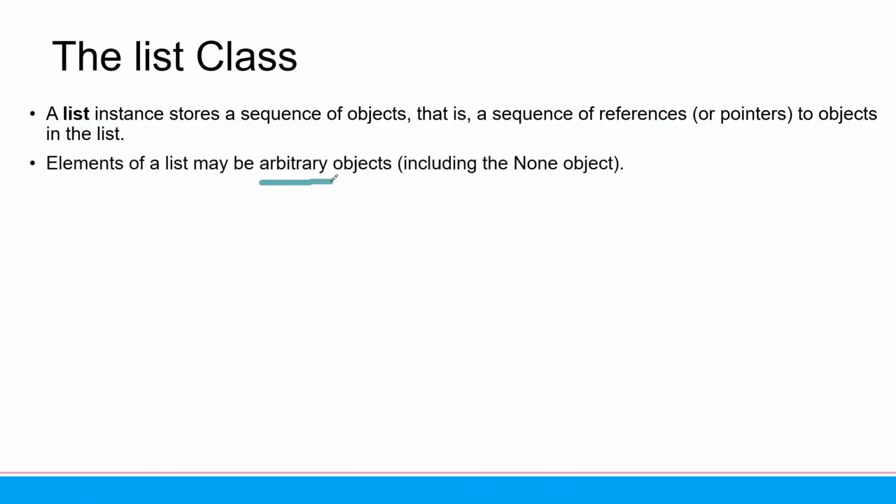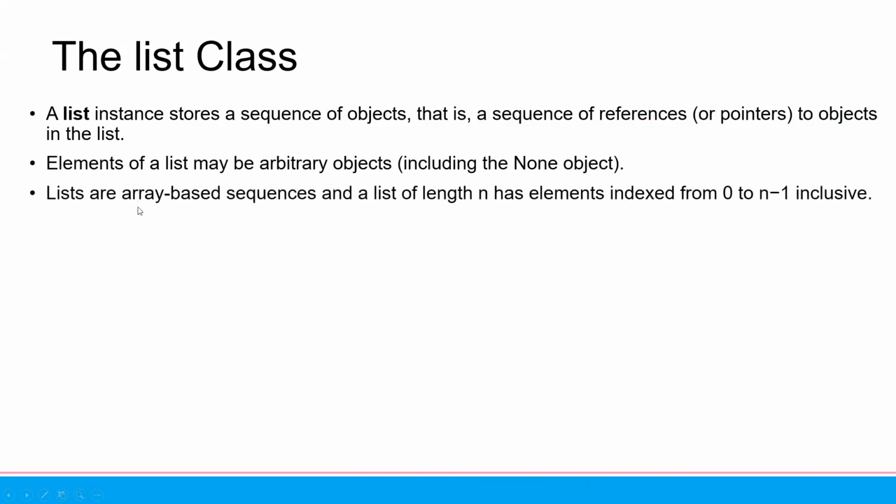Arbitrary means any object, including None. So in Python, we have the None object, which is similar to null, not available. So Python can define that kind of object.